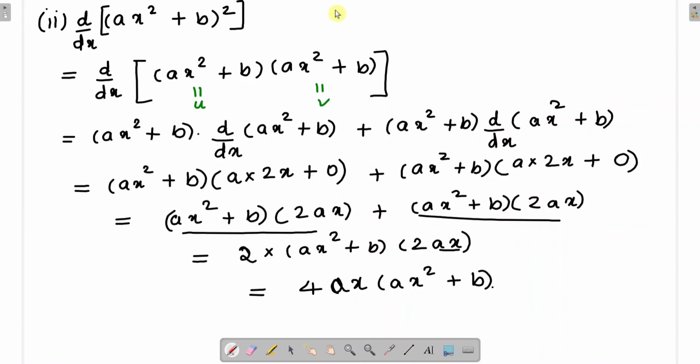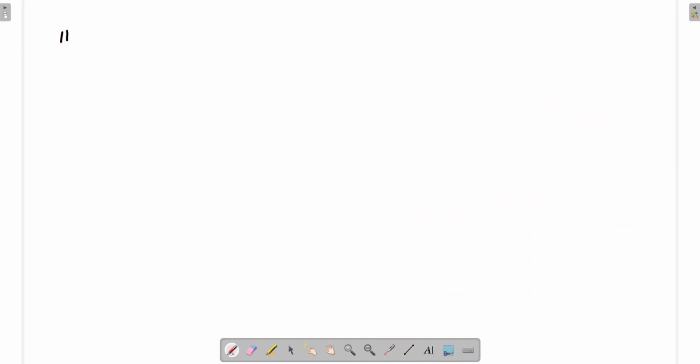Okay, now let us go to the third sub problem. So the third sub problem is x minus a divided by x minus b. So the derivative of this we have to take, so d by dx of x minus a divided by x minus b.